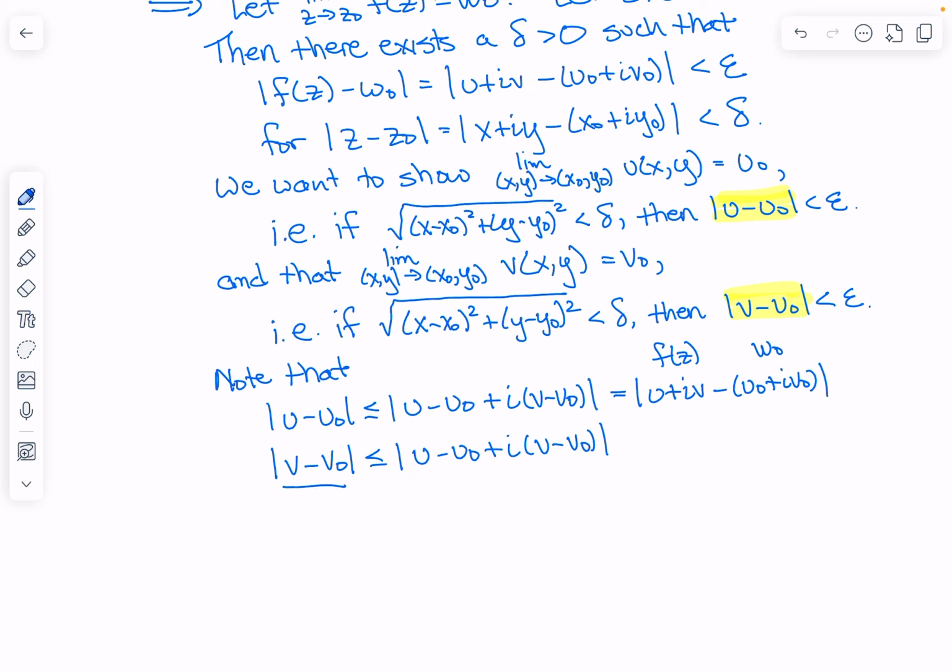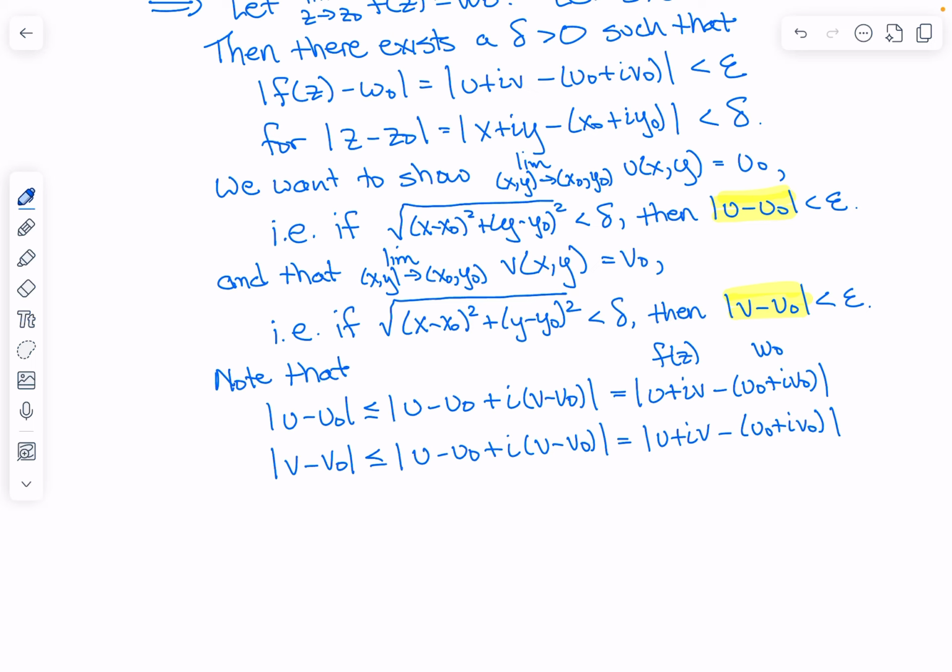So here, this quantity and that contribution to the length would be the same, but if I add u minus u0, that would only increase that modulus. Again, we can rewrite that as u plus iv minus u0 plus iv0.